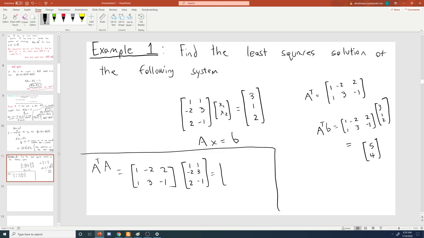If I compute this, I get a 2 by 2 matrix. Let's see what my first entry is. I believe it's 9 here. My second entry is going to be 1 times 1, -6, -2, so I believe this is -7.